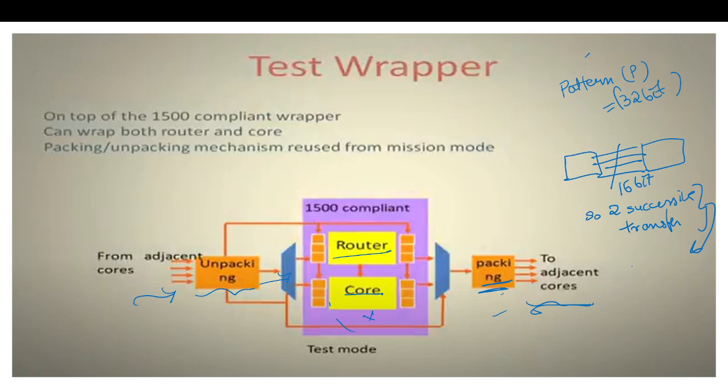So we define another parameter, which I think we will see in the next slide, which is flit, which is how much data you transfer in one clock cycle.